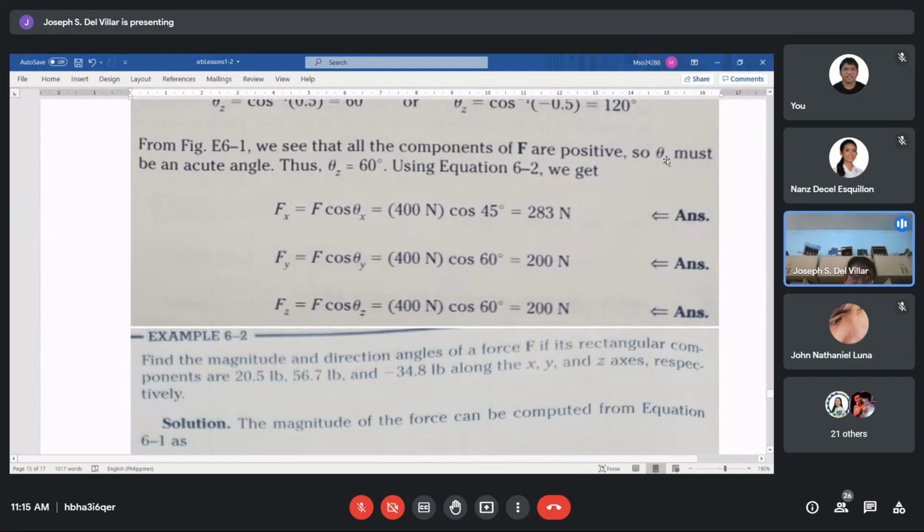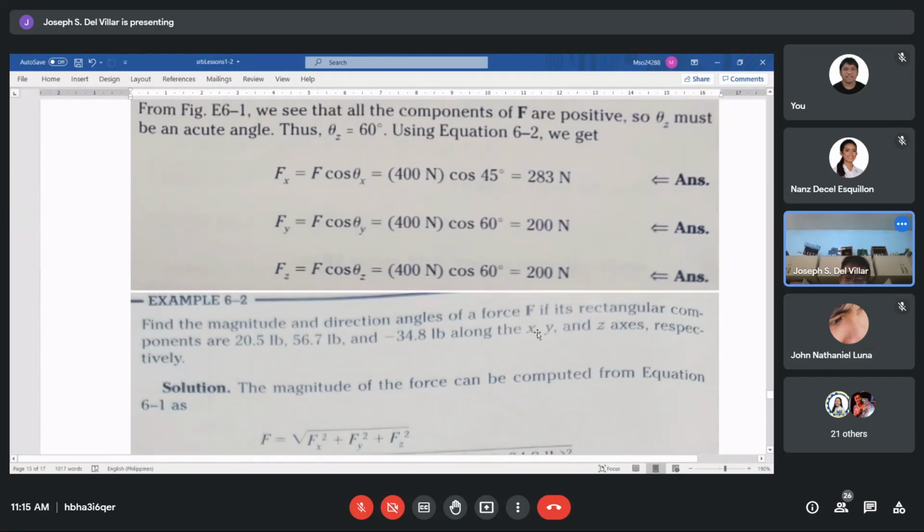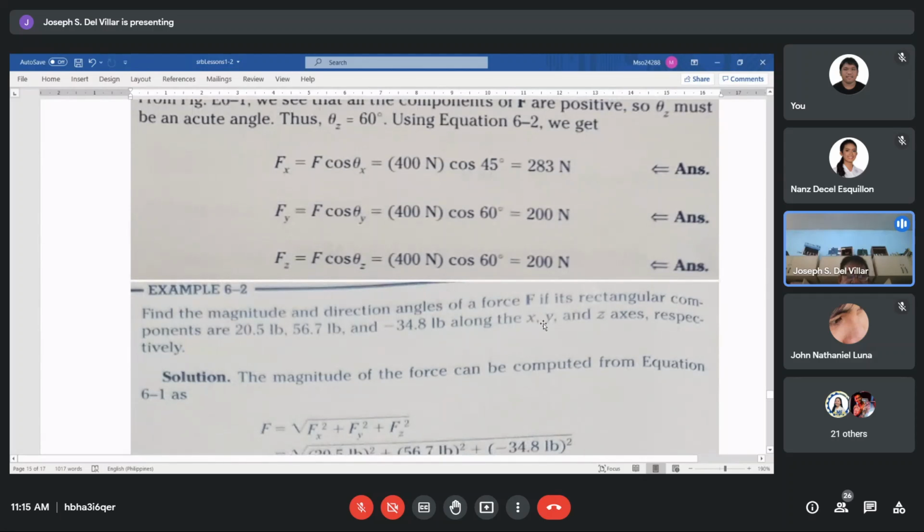Okay, let's move to the second example. Find the magnitude and direction angles of a force F if its rectangular components are 20.5 pound force, 56.7 pound force, and negative 34.8 pound force along the X, Y, and Z axis, respectively. Okay?